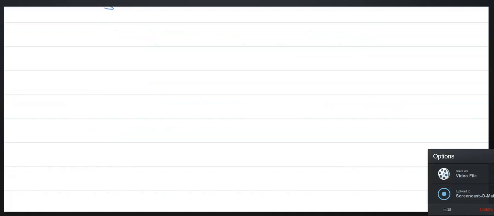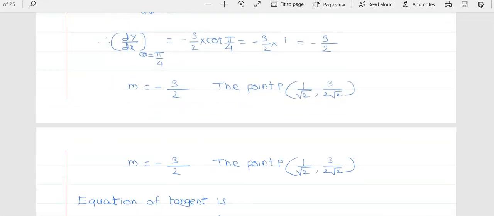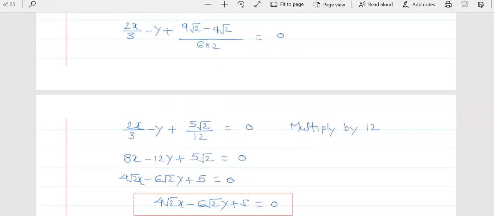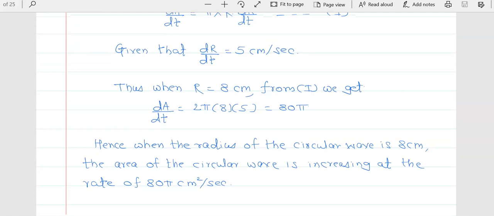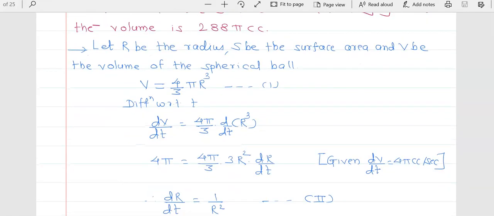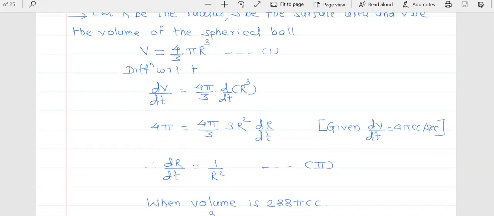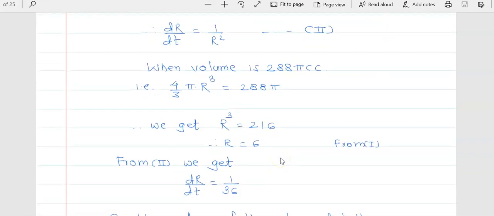Then you can see this here. dr upon dt is 1 upon r square. When the volume is 288 pi cubic centimeter, then you will get the value of r.